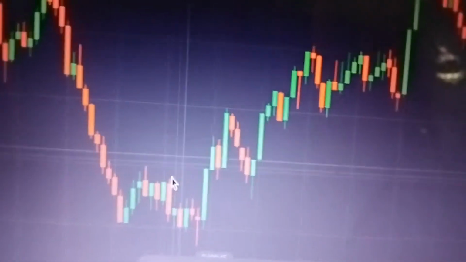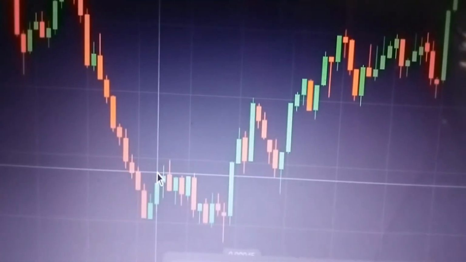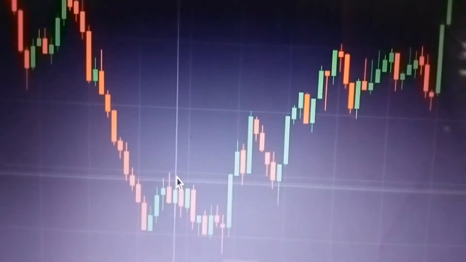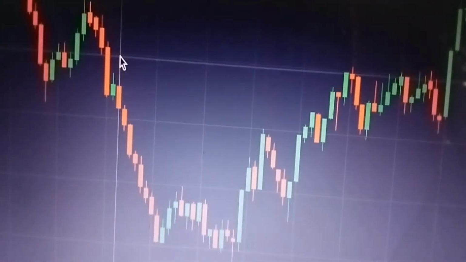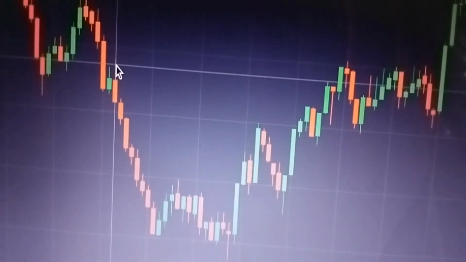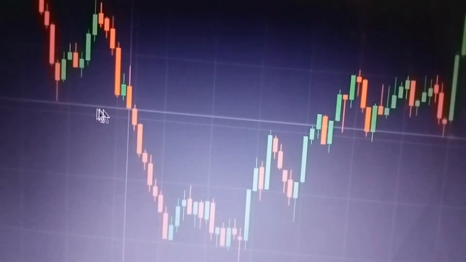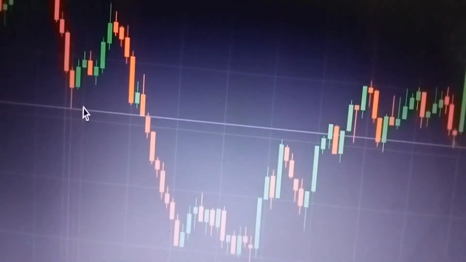So really, the change was right there. So the internal structure, even though this was not the real swing high, the real swing high was that one. Why? Because after this swing high has been made, it broke this low.